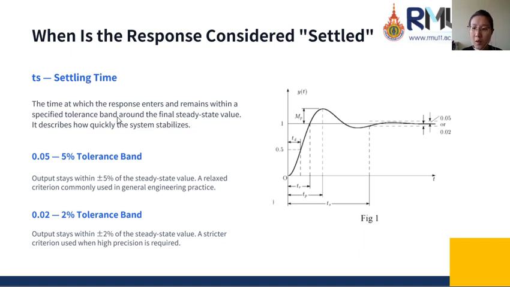Two standard tolerance bands are commonly used. 0.05 means plus or minus 5%, which is more relaxed and widely used in engineering. 0.02 means plus or minus 2%, a stricter standard for high precision applications.